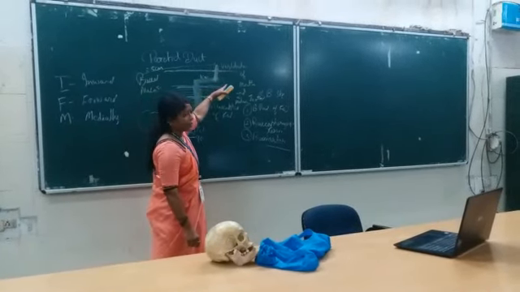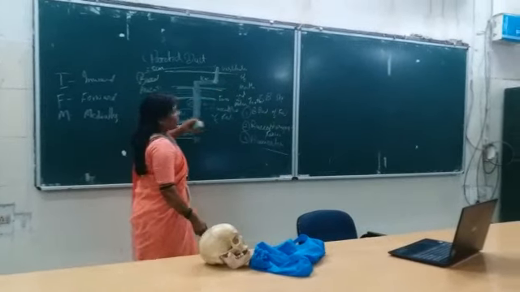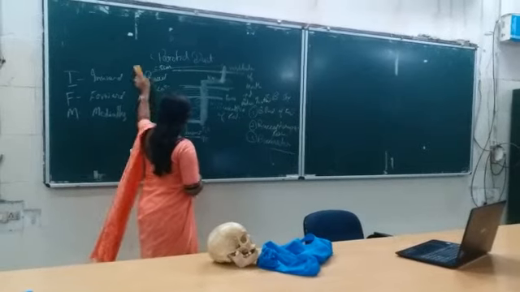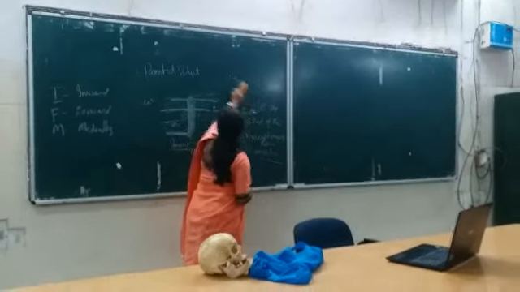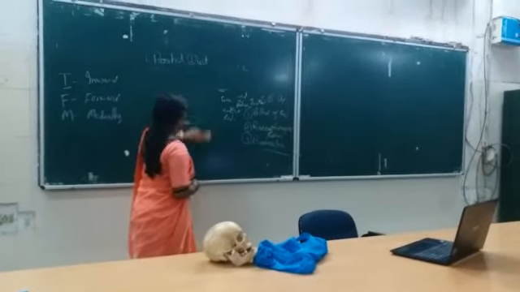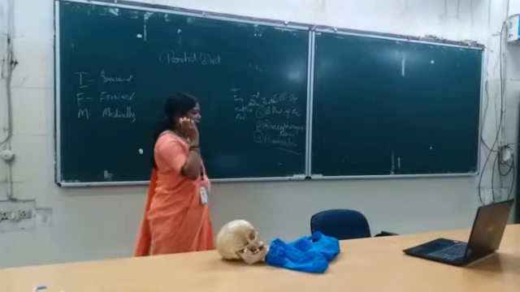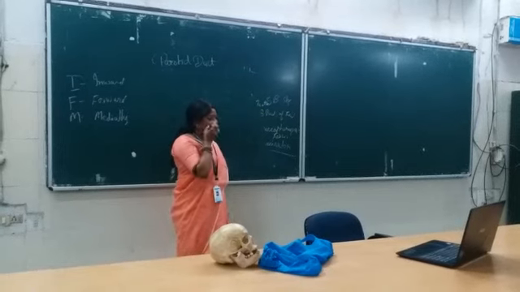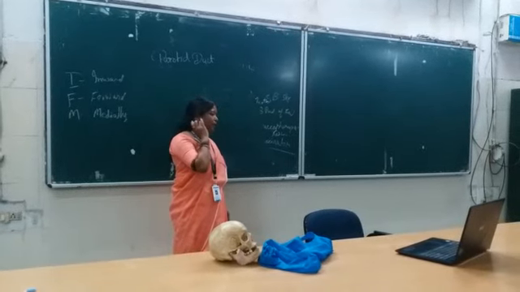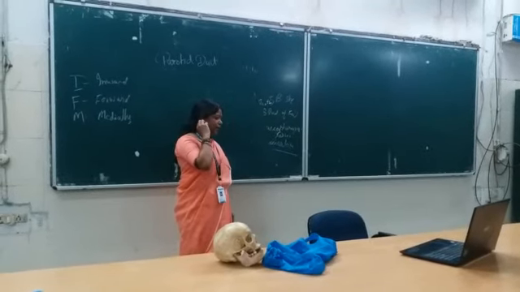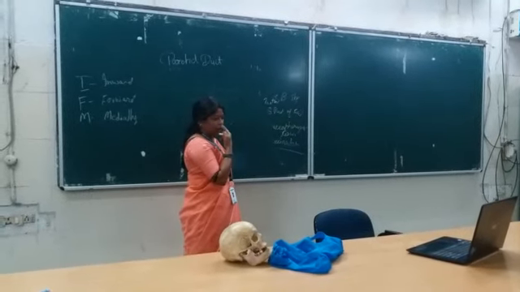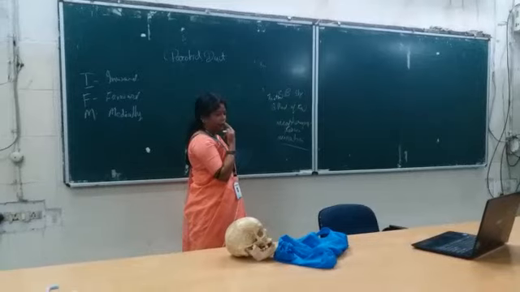Now, another aspect: the surface marking. In the examination, you are asked how you will surface mark the parotid duct. Look here. The surface marking is a line which joins the lower border of the tragus and a point here, the midpoint between the ala of the nose and the upper red margin of the lip.